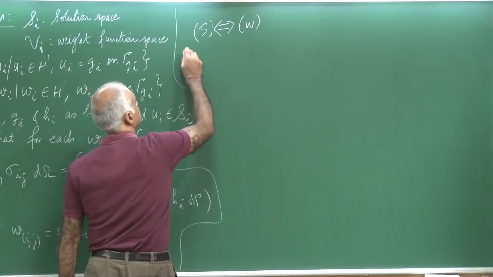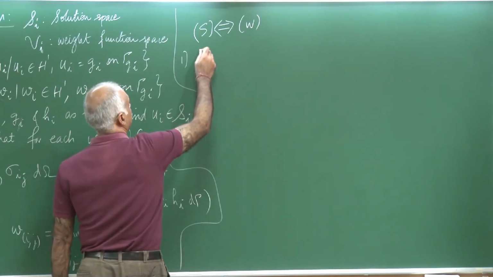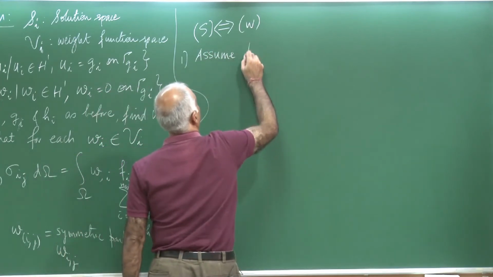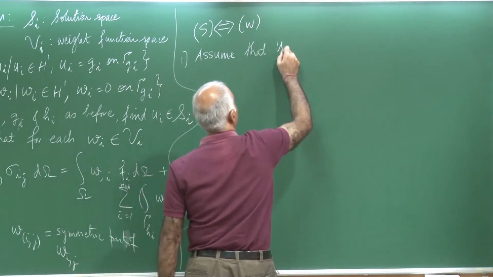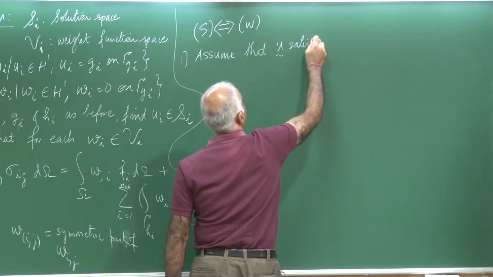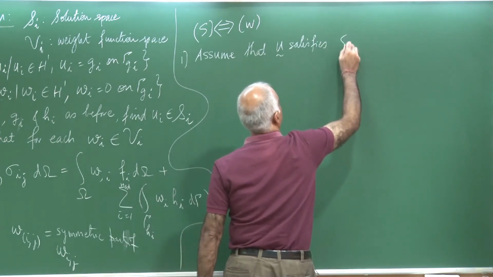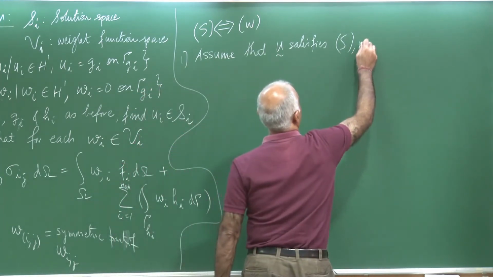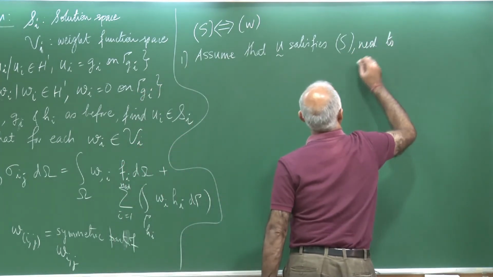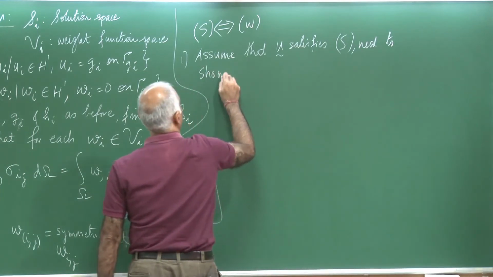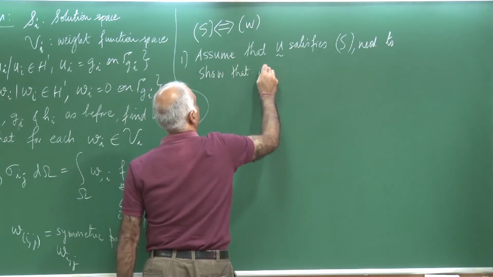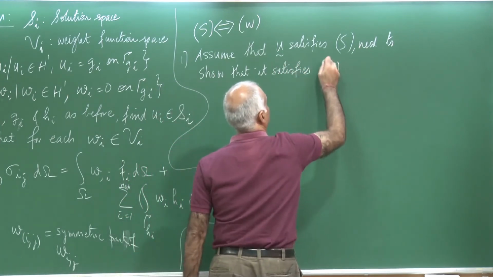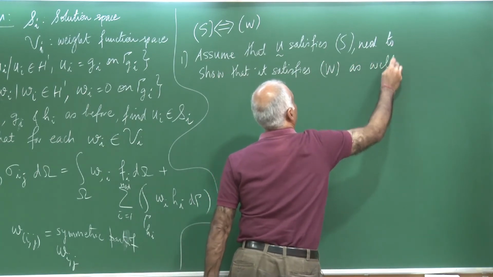The first part is where we assume that u satisfies S, the strong form of the problem, and we need to show that it satisfies W as well.